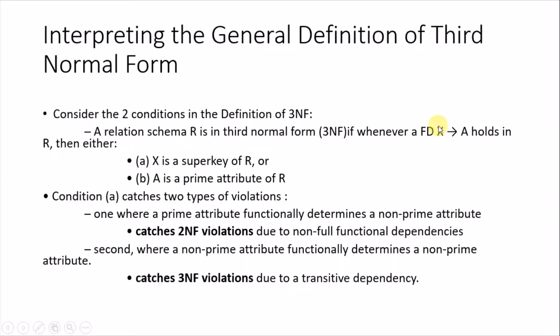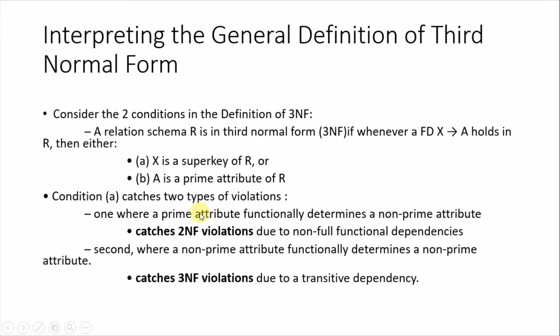Third normal form talks about transitive dependency, where we have X to A, then A to B. Here either A is a prime attribute or X is a super key, so we can avoid functional dependency between two non-prime attributes. That avoids violations due to transitive dependency.